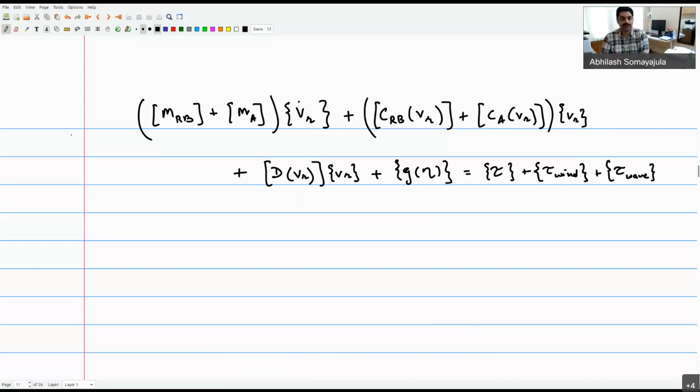So this is where we were. We were discussing the equations of motion. We had originally looked at what these quantities would look like. Later we investigated what happens to the added mass and the corresponding Coriolis matrix. And in the last class, we were discussing these dissipative forces.